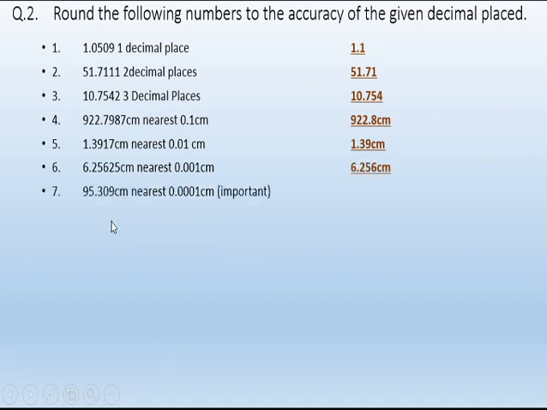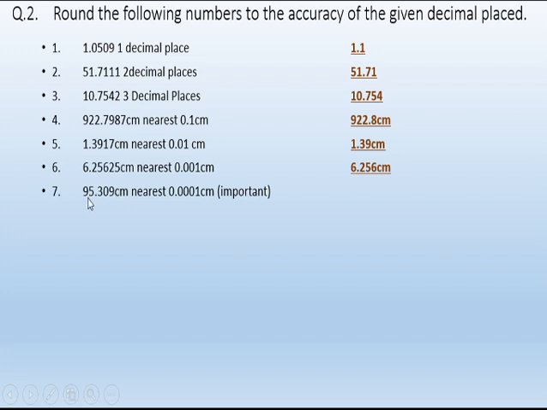Now the next example is 95.309 centimeter to the nearest 0.0001 centimeter, which is again important. Now this is centimeter and this is centimeter, but there are 4 decimal places. So it means we'll be considering 4 decimal places, but here there are 3 decimal places. So how will we convert? The technique is that we'll be putting a 0 at the end.